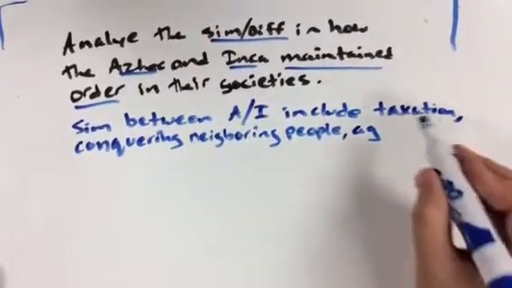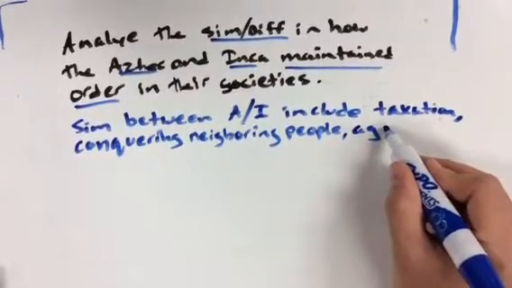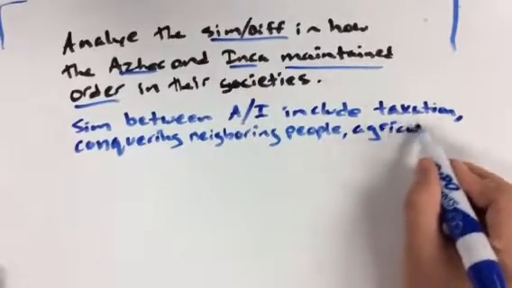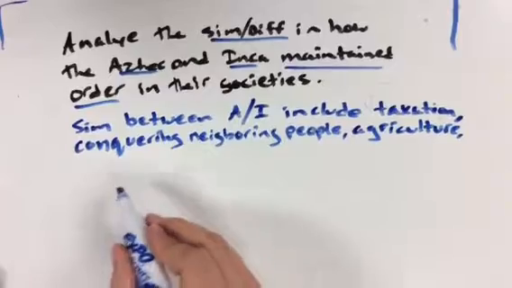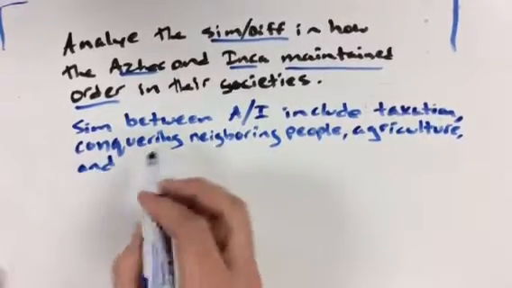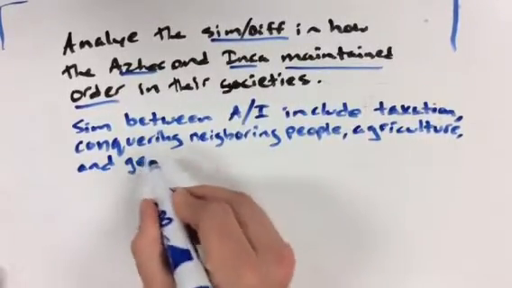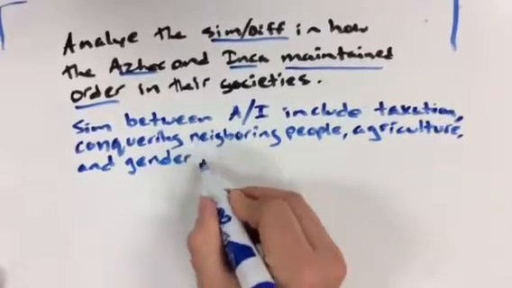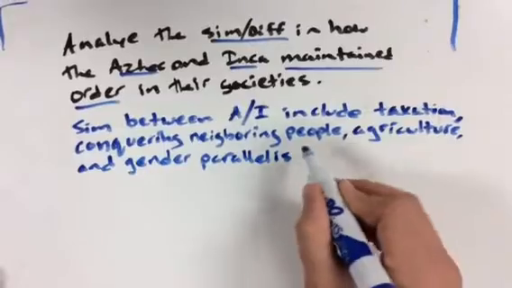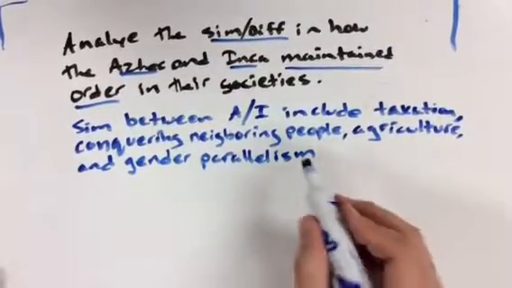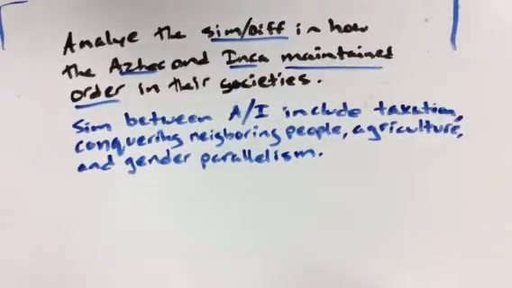Agricultural base, agricultural economy. Just say agriculture, and gender parallelism. Gender parallelism. Okay, so the men and women did different jobs, but they were of equal status, right?